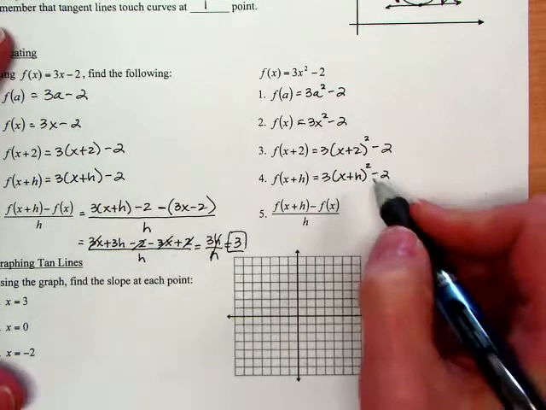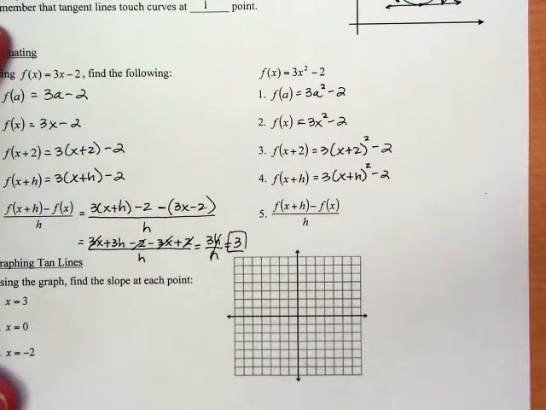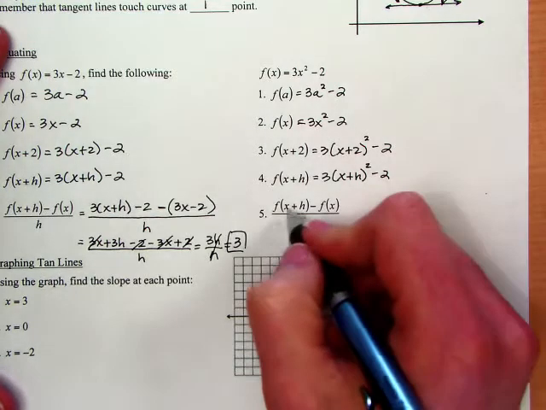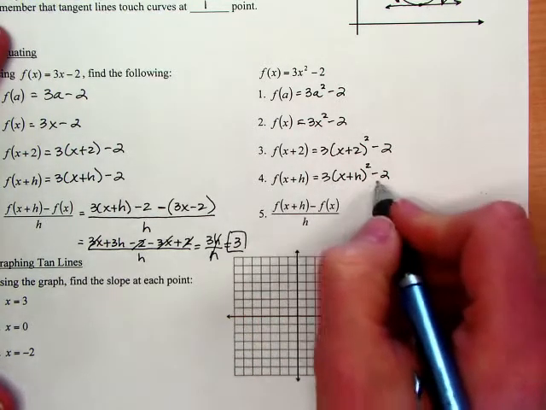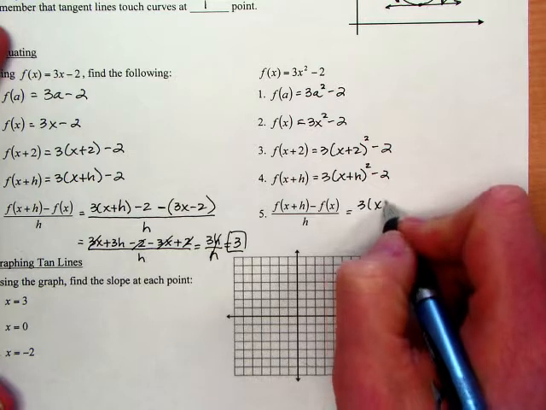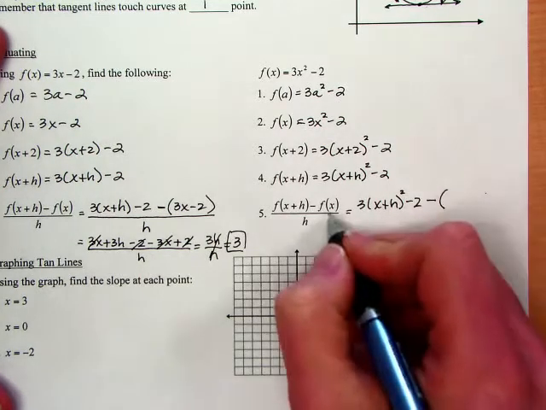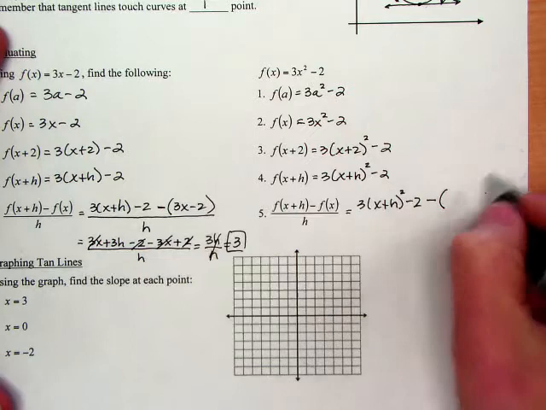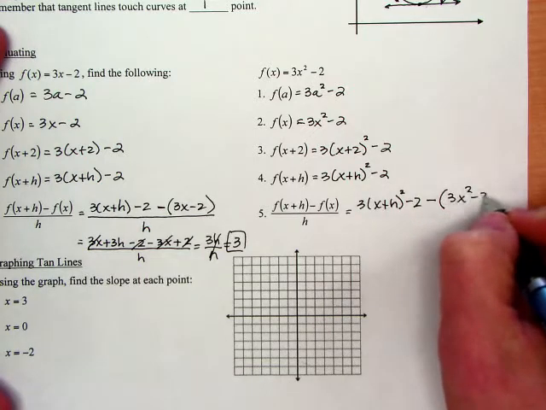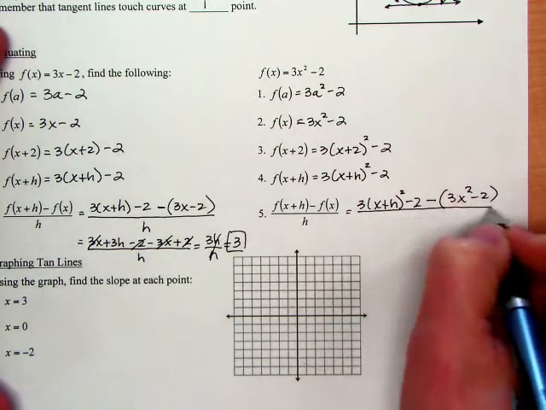And then putting that all together, for number 5, we're going to have this guy, which is this right here, then minus the f of x function, which is just the thing we were plugging into, so 3x squared minus 2. I'm going to do a little simplifying here.